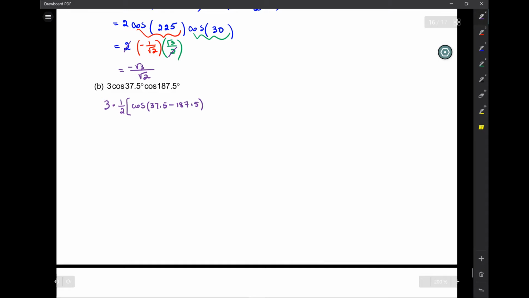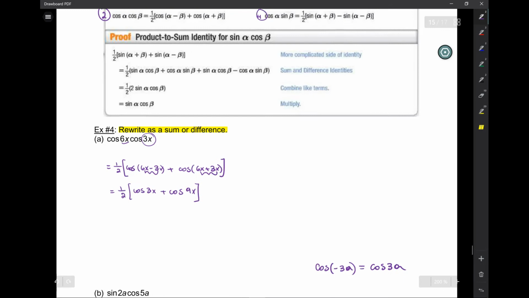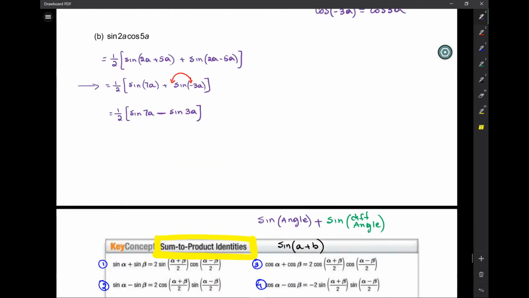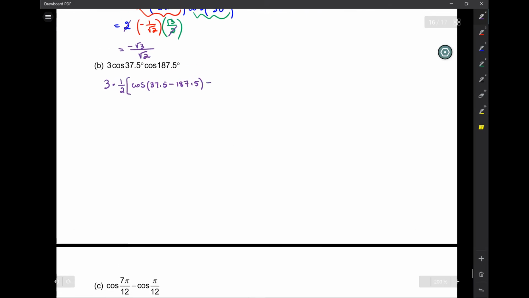It works out so beautifully. It has to come to an angle on the unit circle. Plus cosine of the sum.